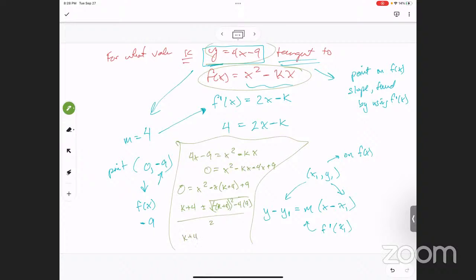So k plus 4 plus or minus the square root of k squared plus 8k plus 16 minus 36, all over 2. I don't know if this is getting me anywhere. This is k plus 4 plus or minus the square root of k squared plus 8k minus 20, all over 2.